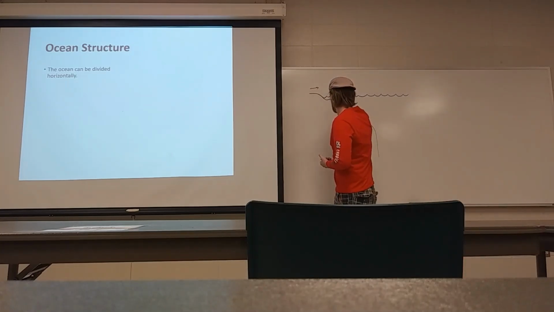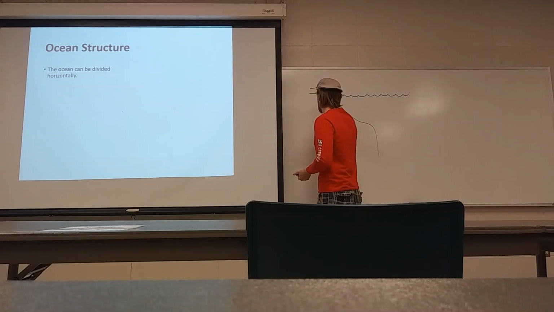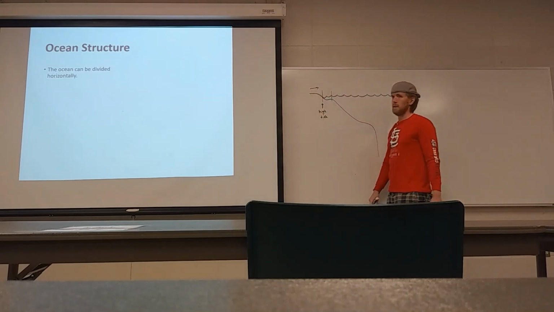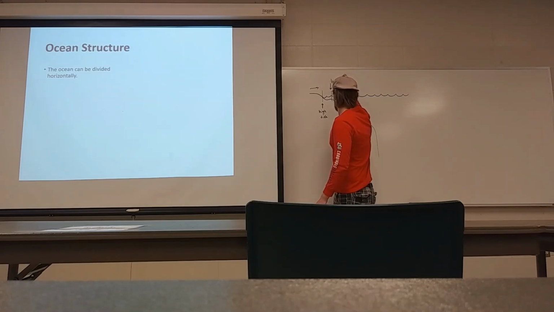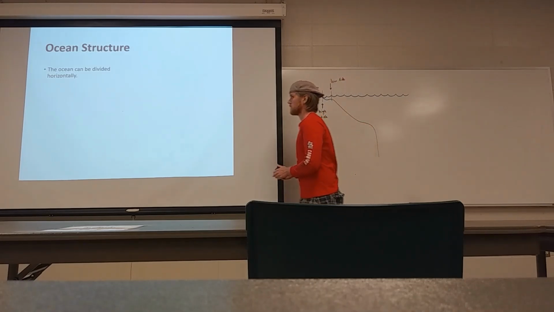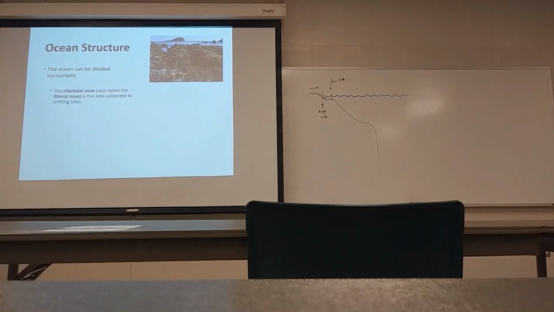First thing we'll have is right here. So, we're going to say this is high tide right now. During high tide, the water is as far up inland as it's going to be. During low tide, the water will retreat and expose the intertidal zone, which is the space between high and low tide. So the intertidal zone is also called the littoral zone, but I usually use the term intertidal.